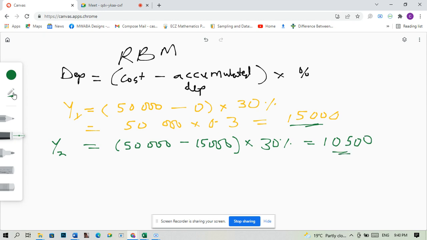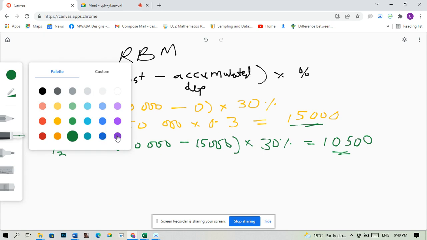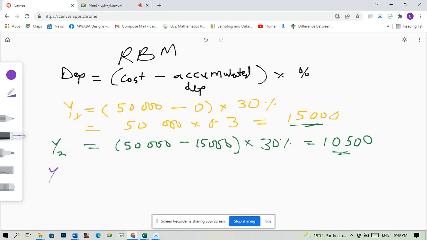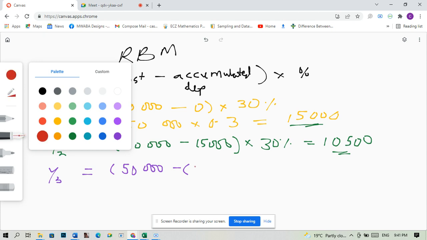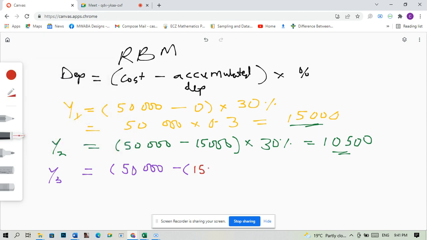All right, we go to year three. We're going to say 50,000 minus 15,000, this is the expense for year one, plus 10,500, this is the expense for year two.